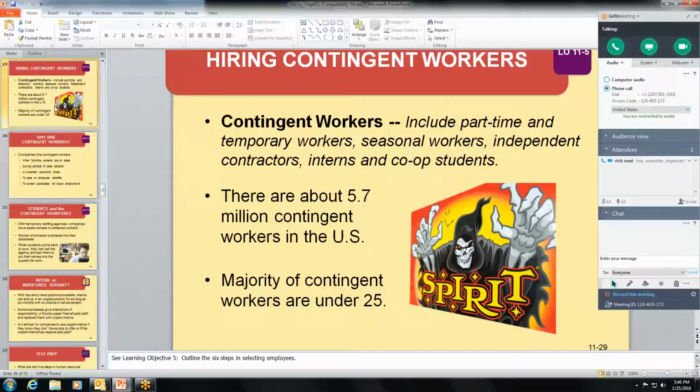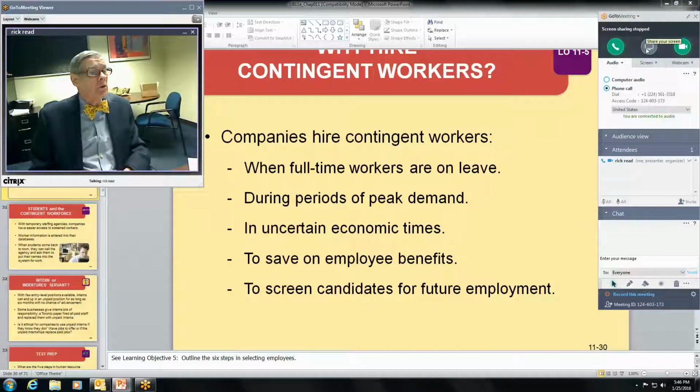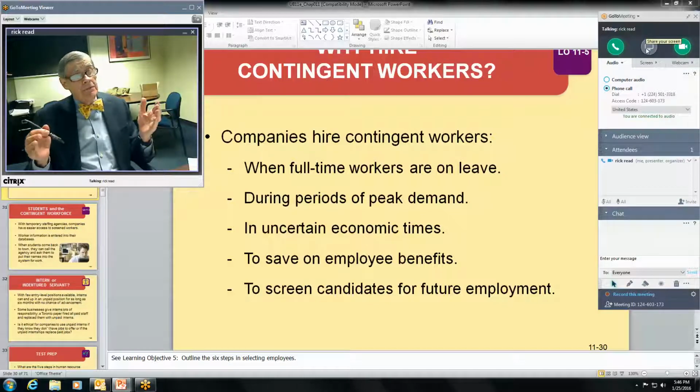Companies hire contingent workers for a number of reasons. Sometimes your regular staff is out, but sometimes you have a jump in production. Sometimes you're not sure what's going to happen because our economy is in flux. And of course, it doesn't cost you much because you don't have to pay benefits.